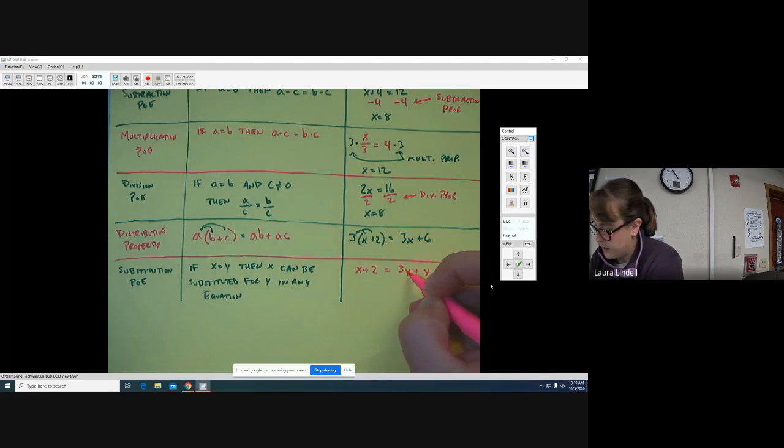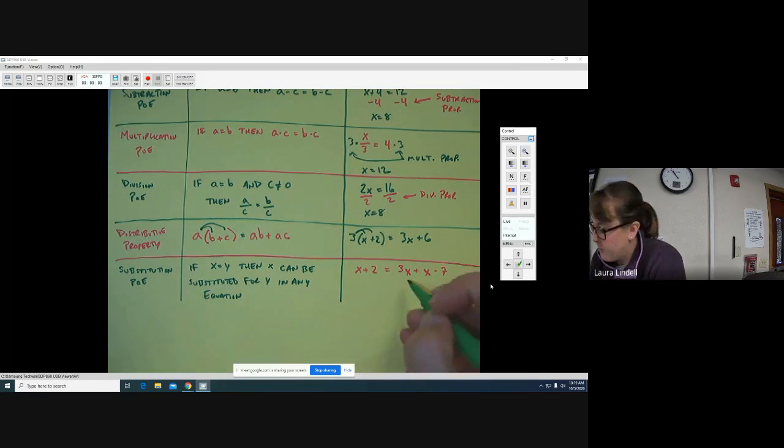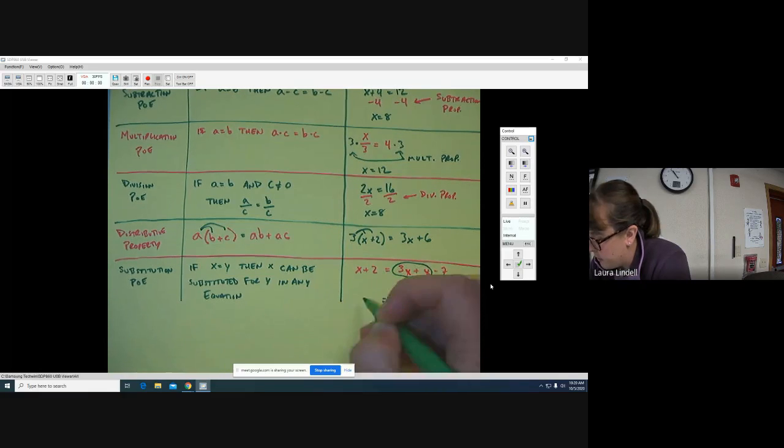We'll make it something more realistic there. 3x plus x minus 7. Okay, so if we have something like that, my first step to solve that equation would be to combine my like terms, right? So we'd get 4x minus 7 over here, right?